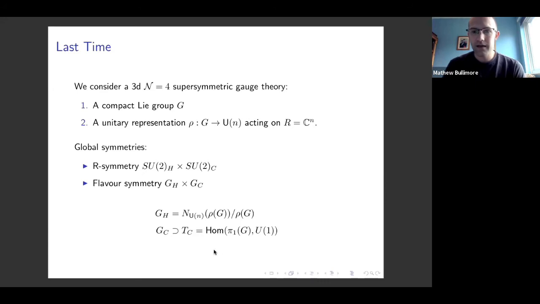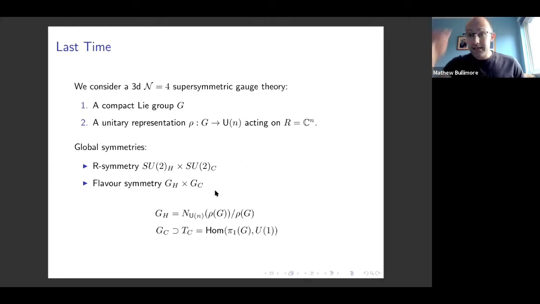Or another way to say that, the way that we actually derived it, is the homomorphisms from the fundamental group of G into U(1), or if you like, the Pontryagin dual of the fundamental group of G. Okay, so this is an executive summary of last time: the data and some of the outcomes that you have for a theory.